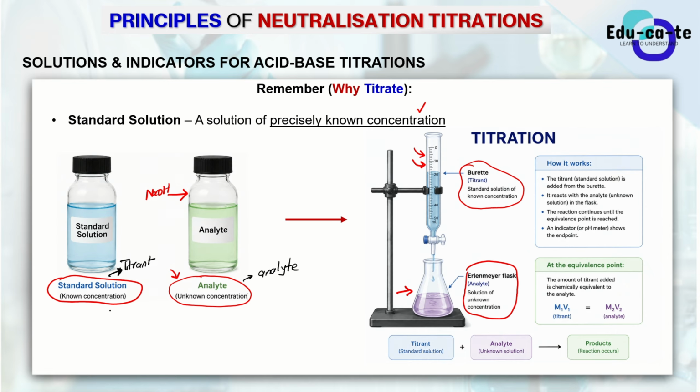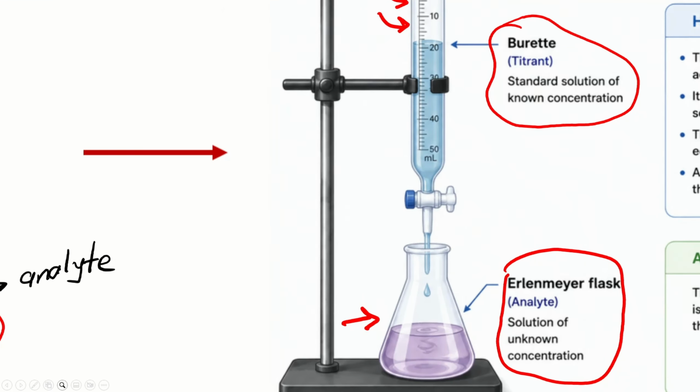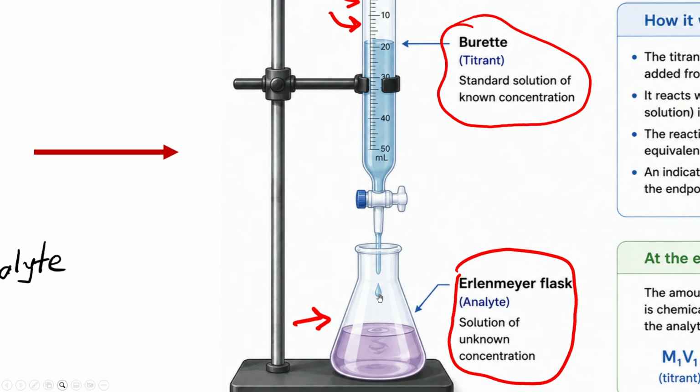Okay, so how does a titration actually work? Remember that whenever you are titrating, first of all, you need to add the titrant, which is the standard solution, into a burette. You fill the burette with the standard solution whose concentration you know. And then whenever you open your burette tap, this standard solution will start pouring out from the burette.